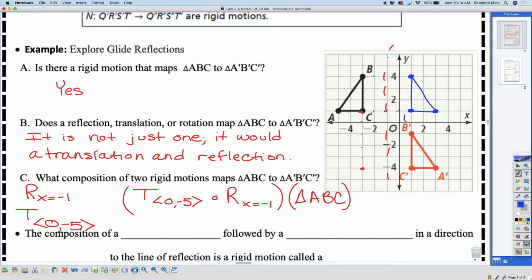So this would be A prime, C prime, B prime, yes? You might want to draw that, just so you can see it. I'm just showing you. We're checking our work, okay?